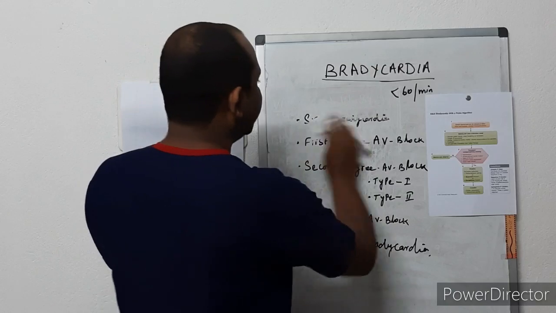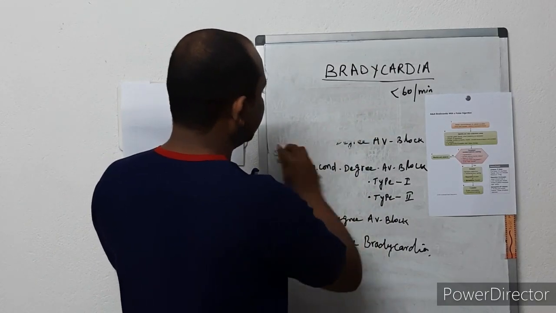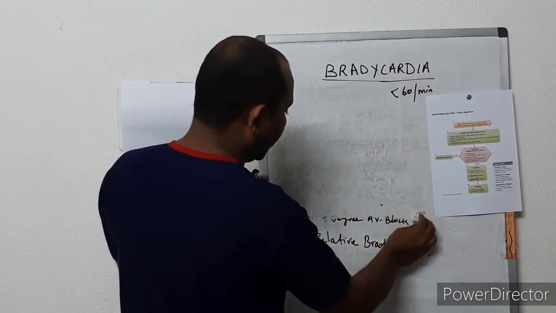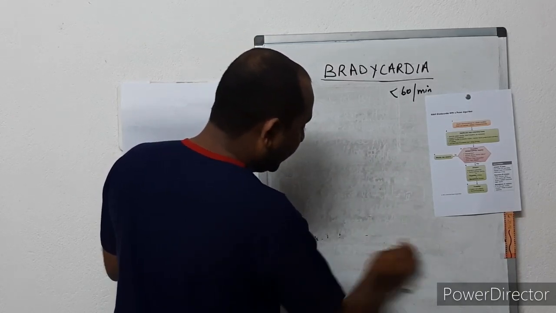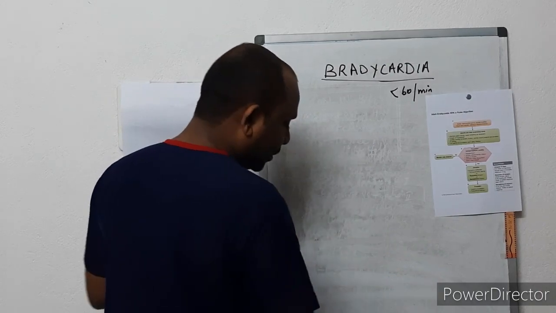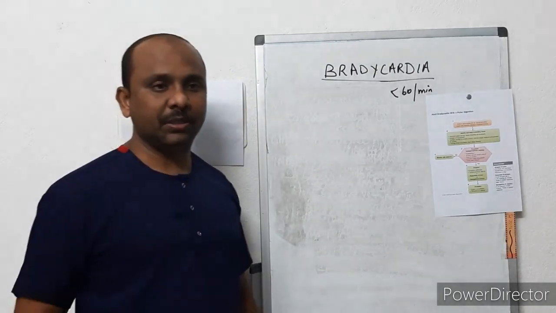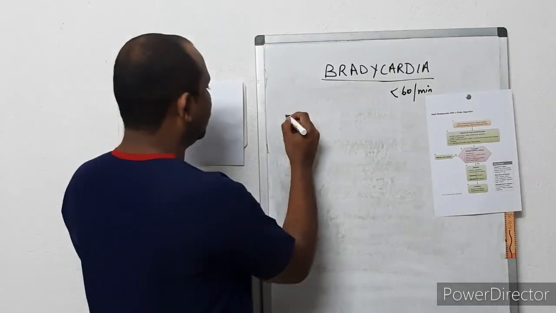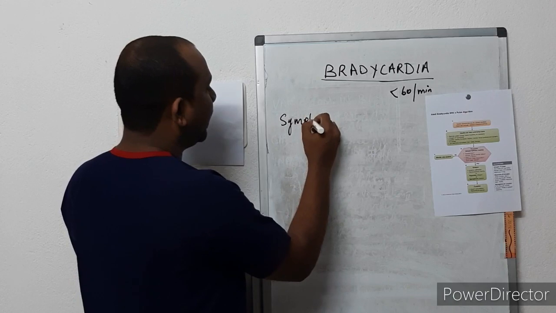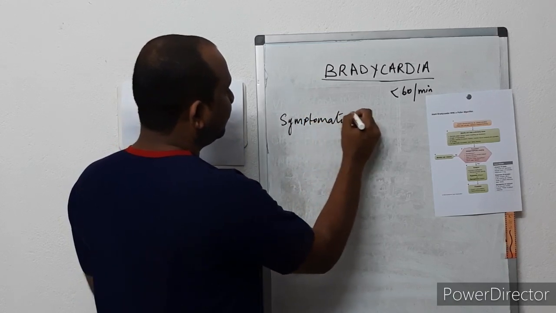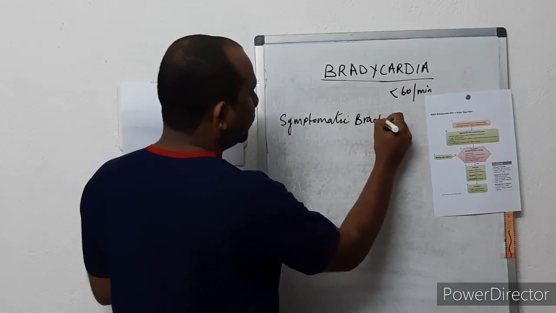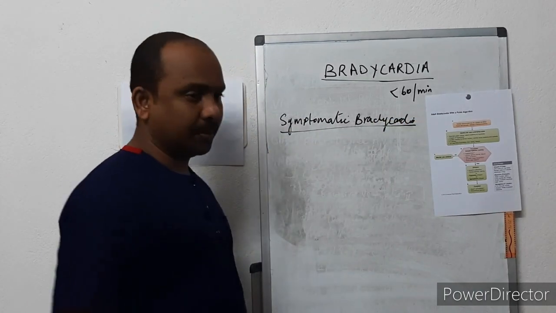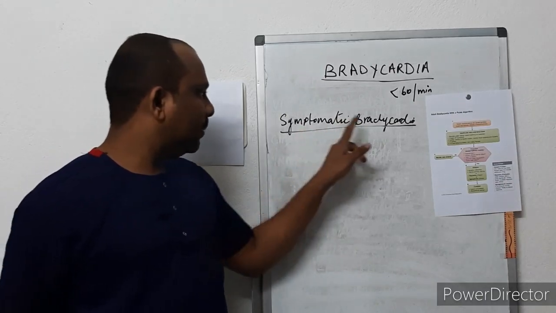So when the heart rate is less than 60, which is producing symptoms in the patient, and you want to treat the patient, it is known as symptomatic bradycardia. What are the symptoms? We will see that. This clinical condition needs immediate treatment.